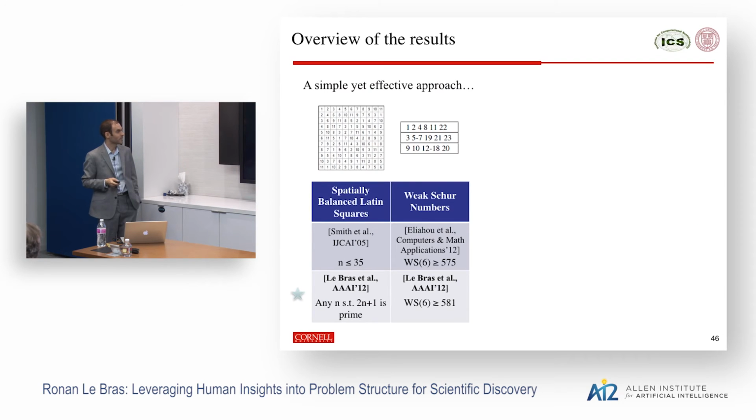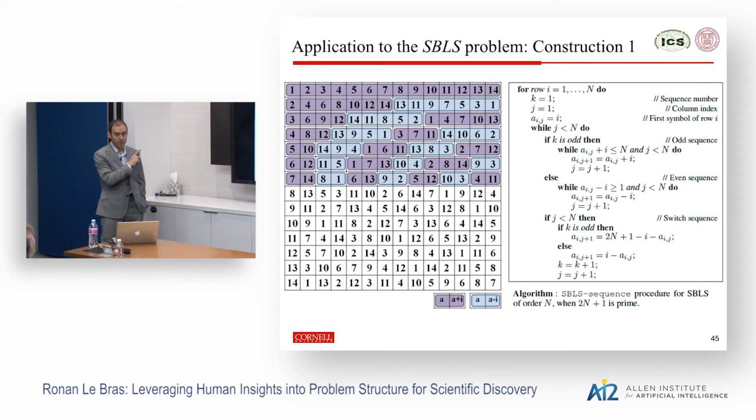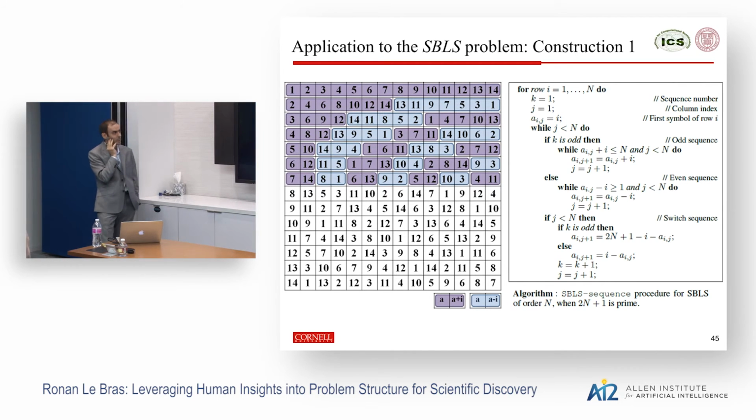And basically, this is the first polynomial time construction algorithm for the specially balanced Latin square problem. And I think what's exciting about this is that typical approaches provide solutions to a given problem. And yet, this approach provides solutions to an infinite family of problems. And I think what's also exciting is that this is used in a commercial tool in agronomic design.